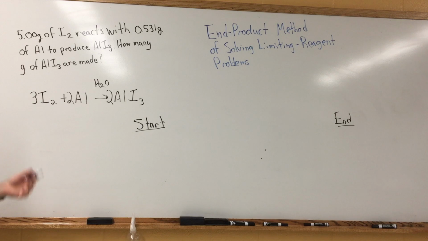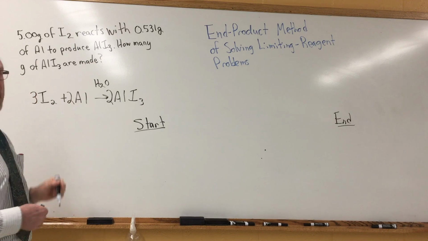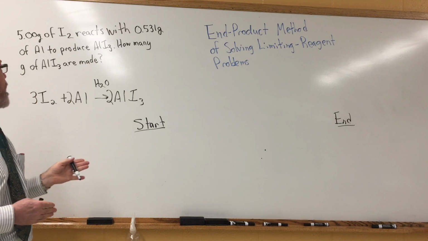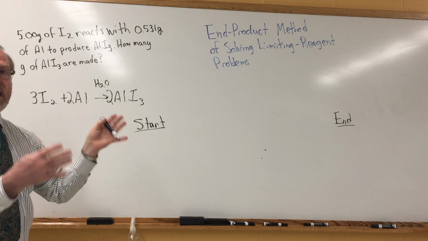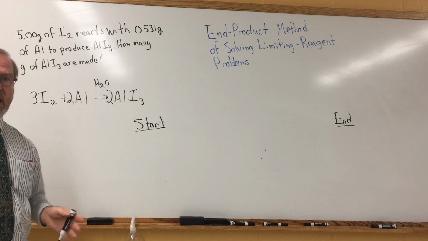Well, what we're going to do is solve 2 equations in parallel, starting one with 5 grams of iodine, and the other one starting with 0.531 grams of aluminum, and then calculate how many grams of aluminum iodide each can make.